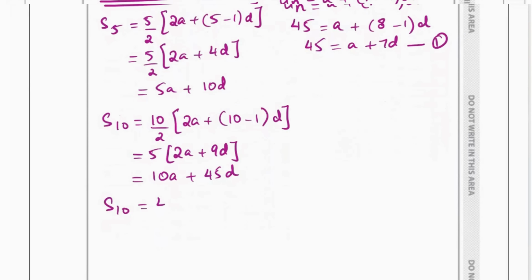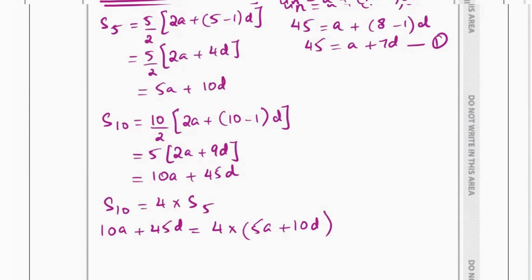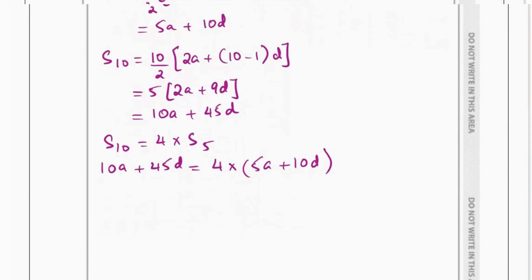S10 is 4 times S5. So 10A plus 45D equals 4 times 5A plus 10D. Let's simplify this. 10A plus 45D equals 20A plus 40D.